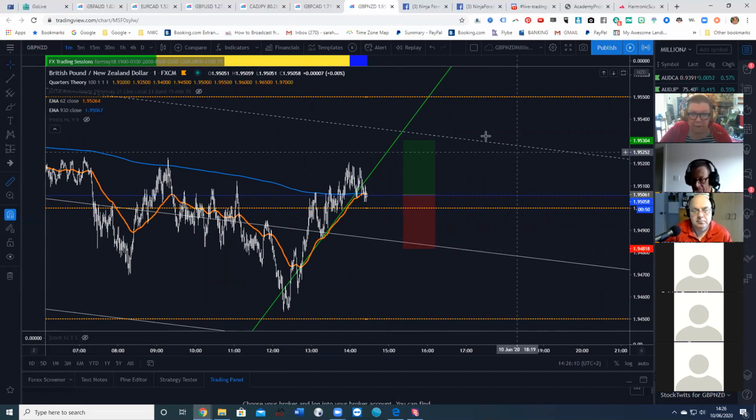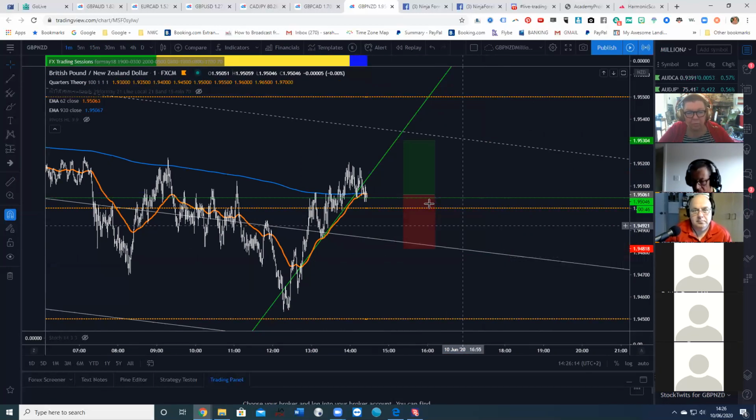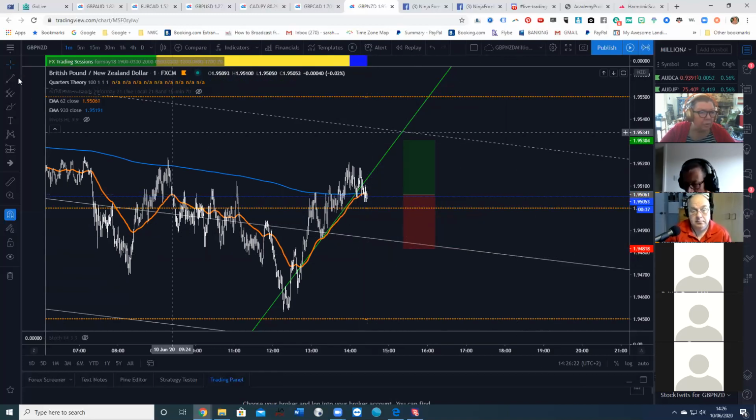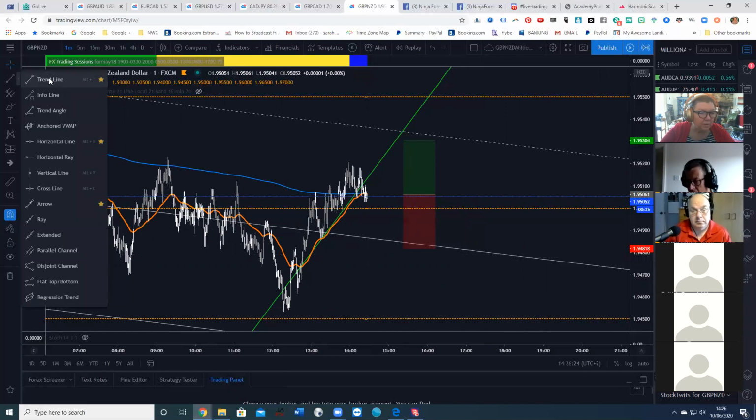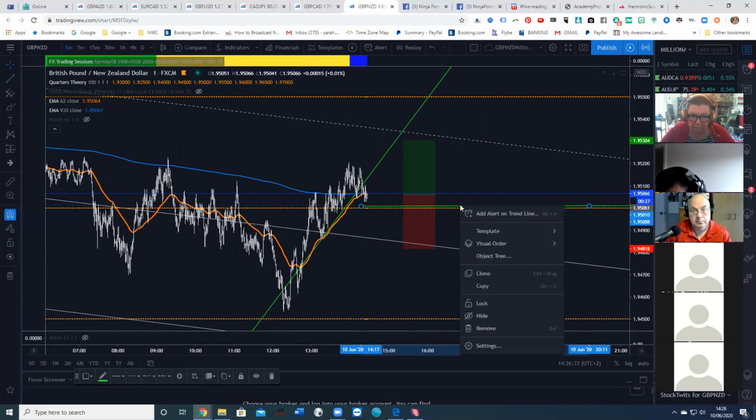And the gap between pitchforks is 50, so not quite big enough to take a quarter theory trade. You can see the 62's curling back round now. So I'll put an alert on the quarter theory, and let's see if it wants to come back up.